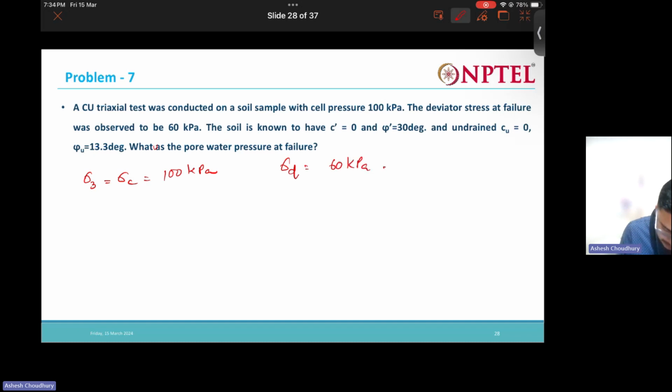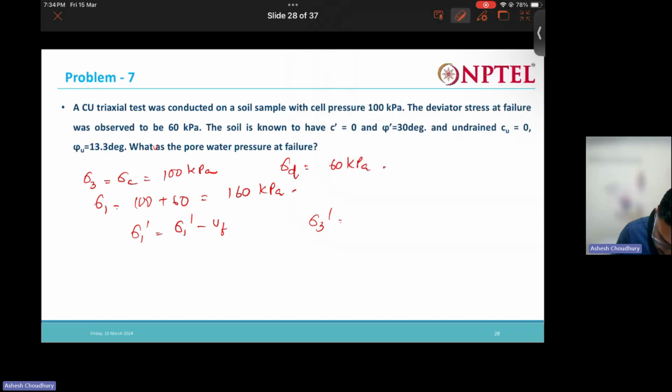This is a CU test, right? What will be sigma 1? These are total values, right? 100 plus 60. Okay, now let us put the values. What is going to be the effective stress, minus the pore water pressure at failure? Similarly, for sigma 3.